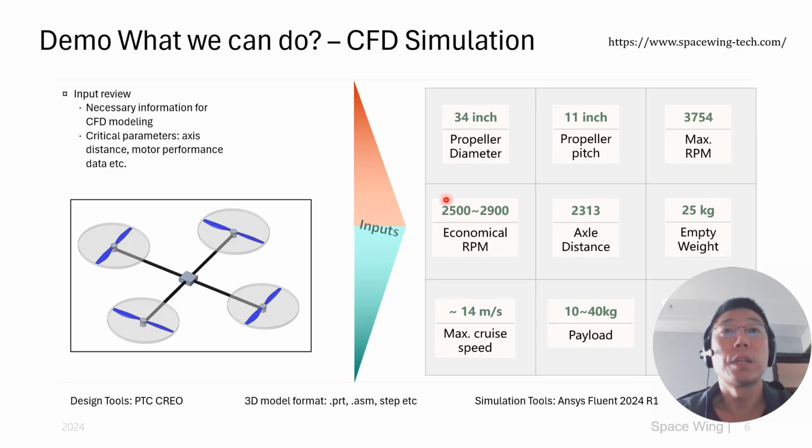We also need to investigate the economical RPM, and have a very clear axial distance, our payload and weight target, and also keep the cruise speed in mind.